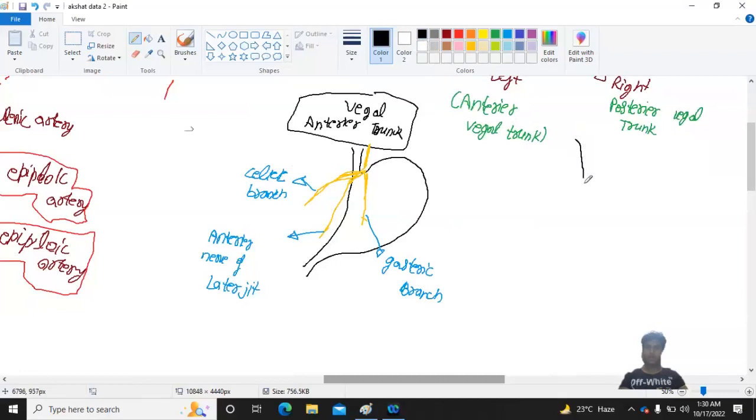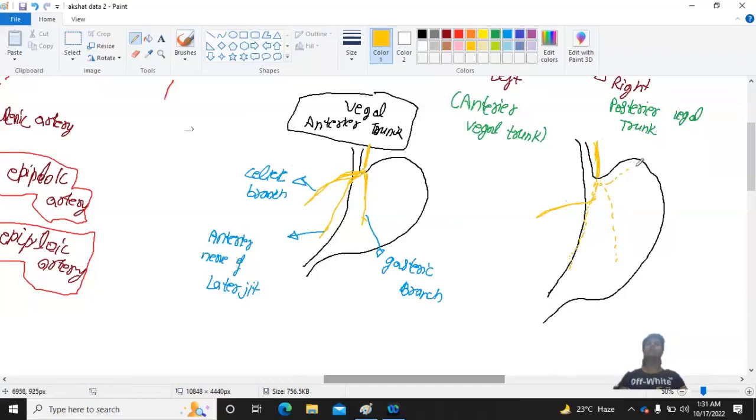In the posterior, one more important nerve also comes. Now this is the posterior. One is similar, the celiac branch. Another, on the posterior side, is the posterior nerve of Latarjet, and one is the gastric branches.